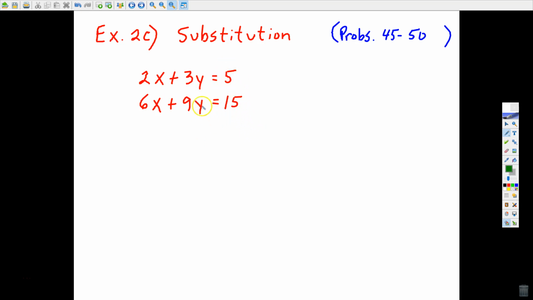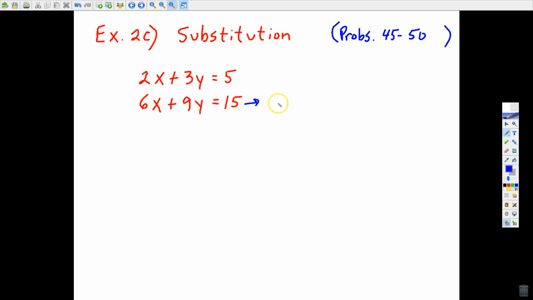So I'm just going to take this bottom equation, and I'm going to solve the bottom equation for x. You may have thought a different way. There's really no wrong answer here as far as what to solve for. As long as you do the math correctly, you'll end up with the correct answer.